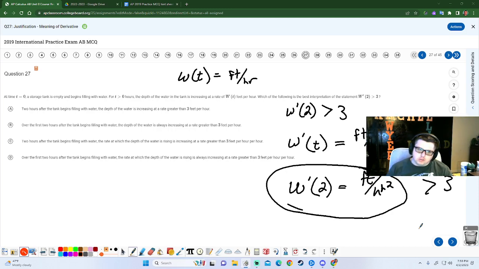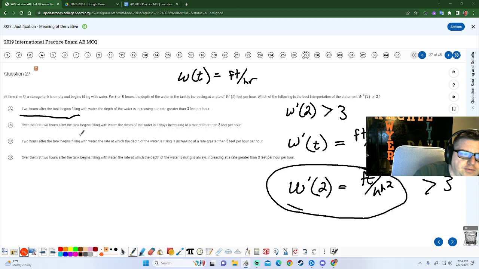So, 2 hours after the tank begins filling with water, over the first 2 hours. So, think about this. They're looking at 2 hours after the tank begins filling with water, or over 2 hours worth.